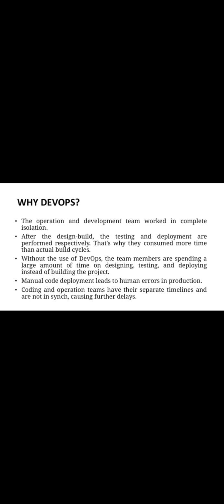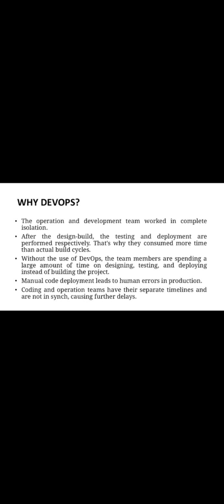In early days, DevOps was not introduced. Before DevOps, it was difficult to complete the project. After DevOps, it is becoming faster and easier to develop a project. That's why DevOps is the most trending technology, we can say.